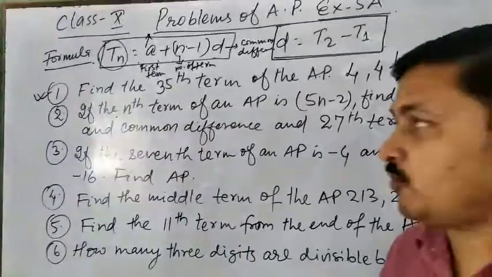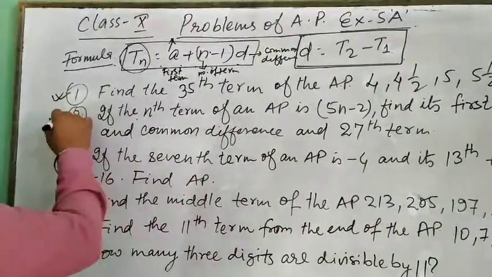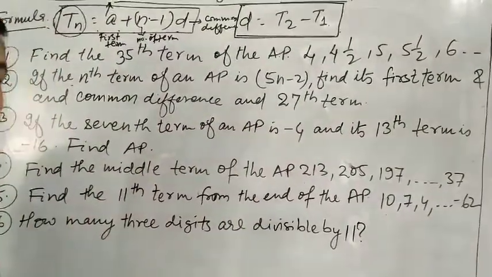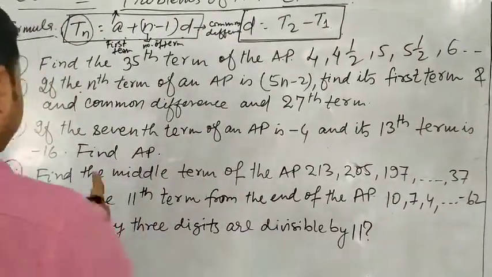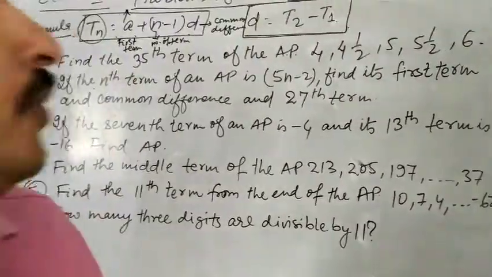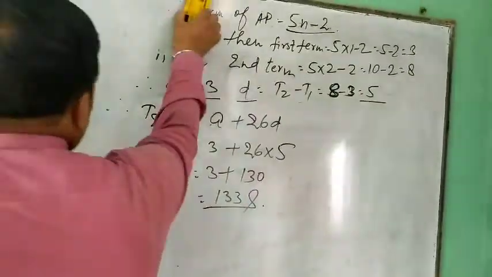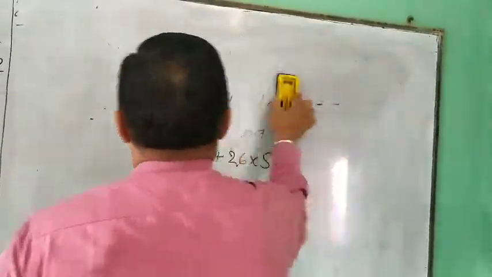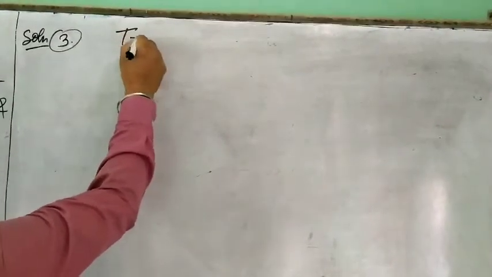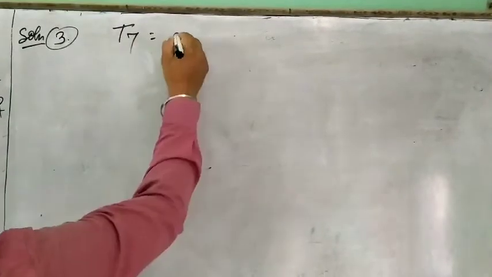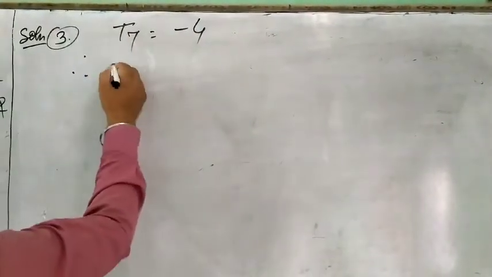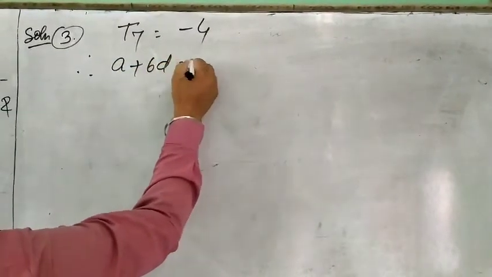In your third question: the seventh term of an AP is minus 4 and its 13th term is minus 16. So here, T7, the value of T7 equal to minus 4, should be written as A plus 6D equal to minus 4.